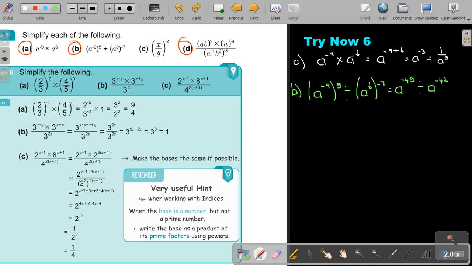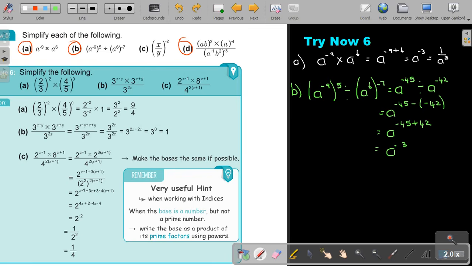Now be careful with this one. It is subtract. I'm going to do it now. Because it's division, it's negative 45 minus, but put in brackets, negative 42. Then it will actually be negative 45 plus 42. And that will be a to the power of negative 3.